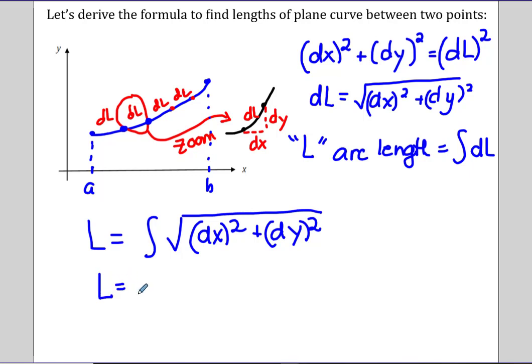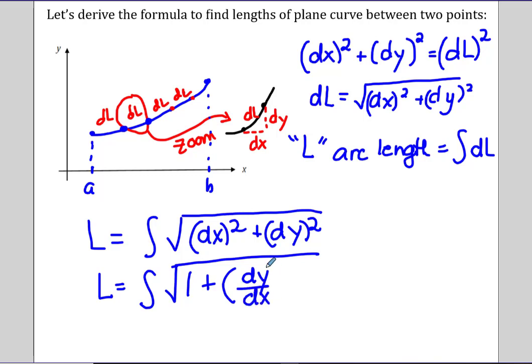Let's factor out the dx quantity squared from our integral. So we have the square root of 1 plus dy divided by dx, squared, and factor out the dx squared.